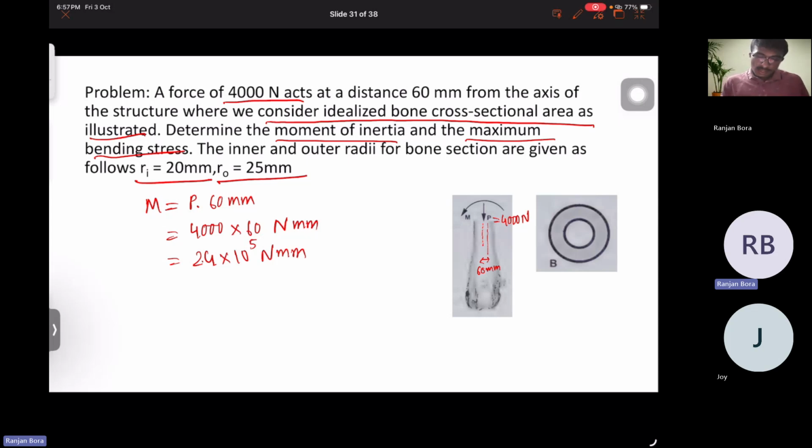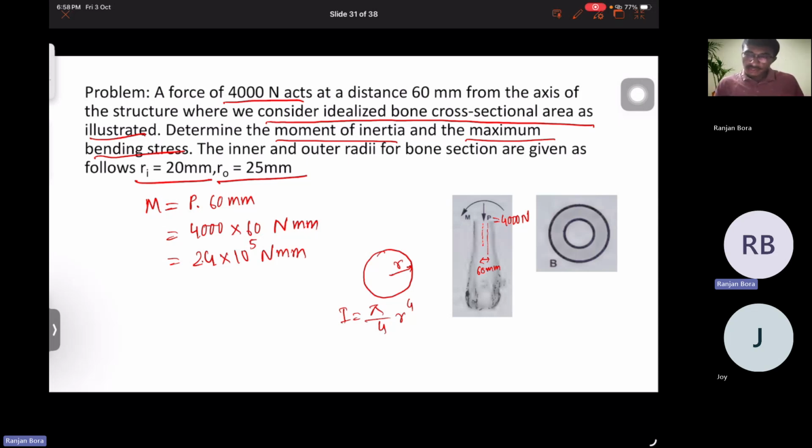Now, the moment of inertia for a circular cross section is I equal to pi by 4 r to the power 4, where r is the radius of the cross section.